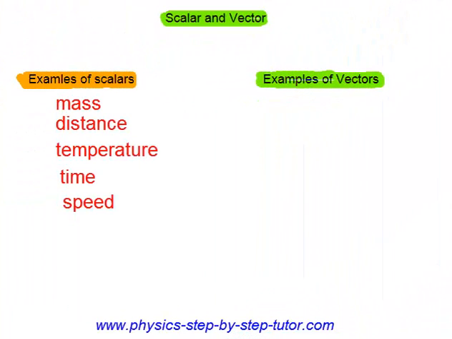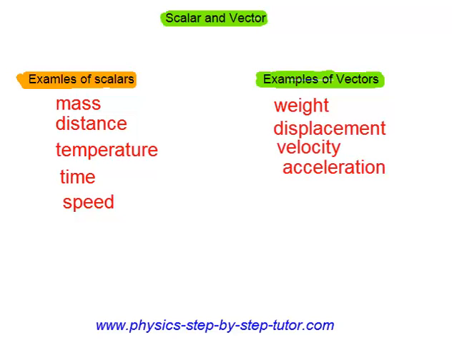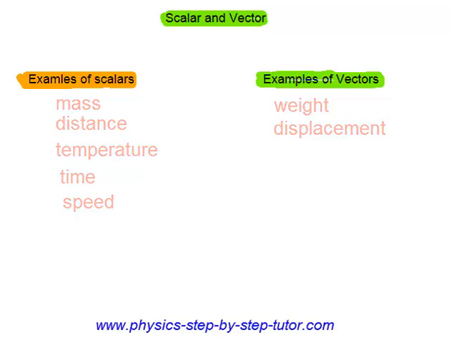Examples of vectors, on the other hand, include physical quantities such as weight, displacement, velocity, acceleration, and so on. Each time you come across a physical quantity in physics, you will be required to state whether it is a scalar or a vector, in addition to stating how it is defined.